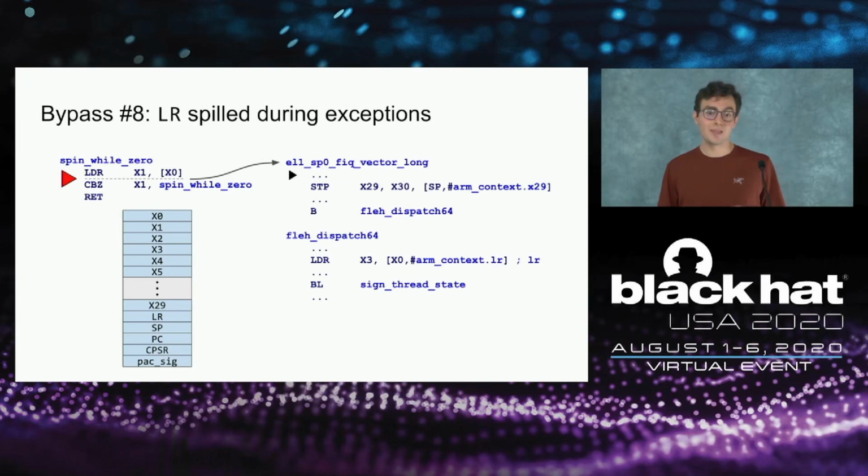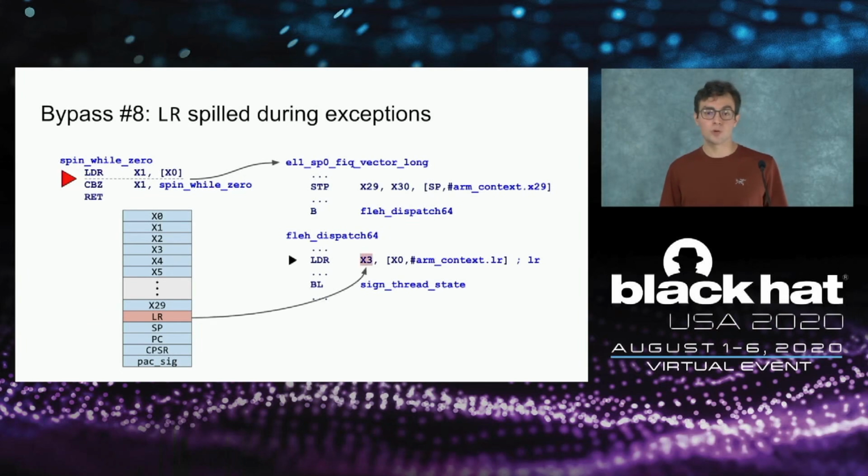And so now right at the beginning of this exception vector, you're going to need to race in another thread. So this thread is going to, at the very beginning, store the return address register to the saved state blob. And then we need to come in on another CPU core and immediately overwrite it to change it to some attacker-controlled value instead.